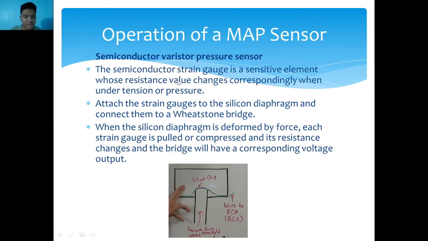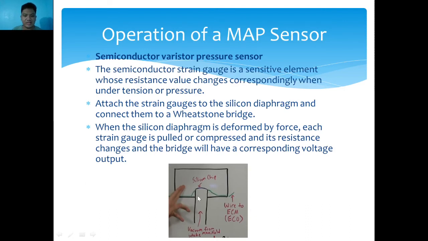The semiconductor strain gauge is a sensitive element whose resistance value changes correspondingly when under tension or pressure. Attach the strain gauges to the silicon diaphragm and connect them to a Wheatstone bridge. When the silicon diaphragm is deformed by force, each strain gauge is pulled or compressed, and its resistance changes, and the bridge will have a corresponding voltage output.